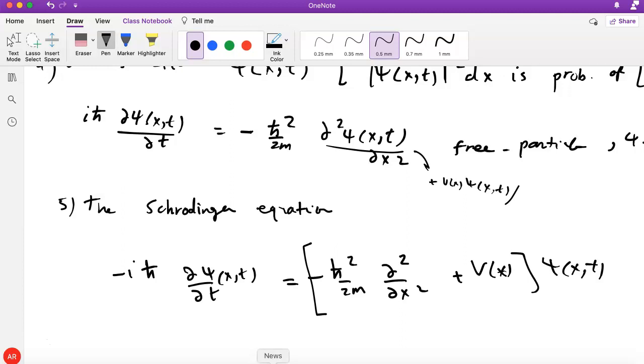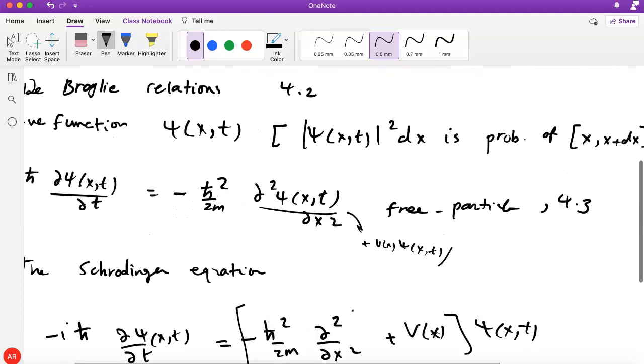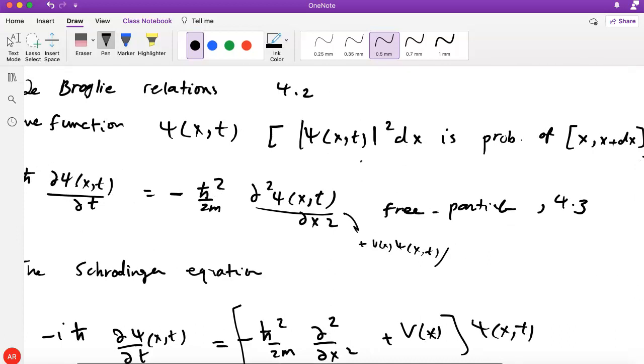Another thing we've spent some time on so far is basically calculating averages and expectation values and probabilities with the wave function, right? So this was, for example, the probability of being in some tiny interval.